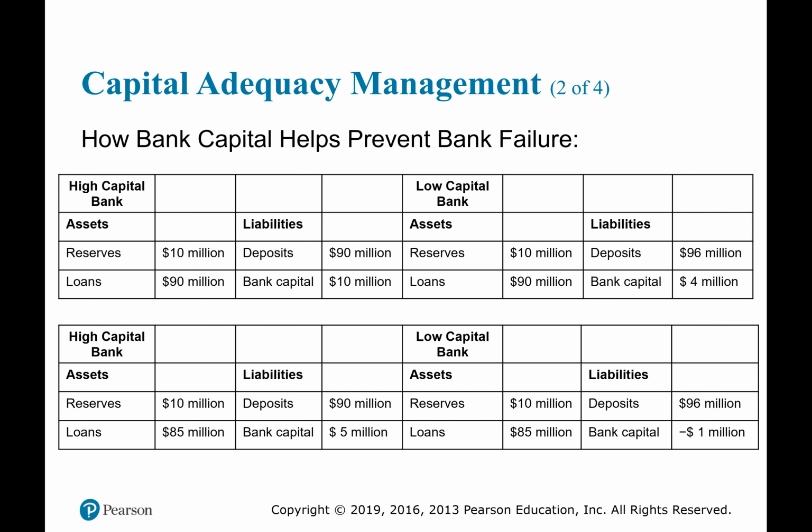It means the shares are worth absolutely nothing. What it means, if you look at it, is the amount that the bank has, 95 million, is less than what it owes to the depositors, 96 million. So in other words, with the low capital bank on the bottom right hand side T, this bank is bankrupt.